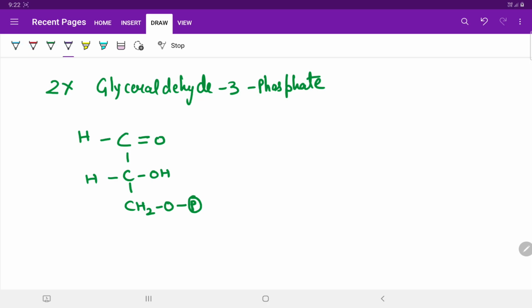The first reaction is conversion of glyceraldehyde 3-phosphate into 1,3-bisphosphoglycerate. This is a very high energy compound. The reaction occurs in the presence of the enzyme glyceraldehyde 3-phosphate dehydrogenase.